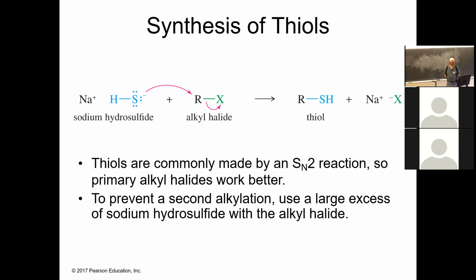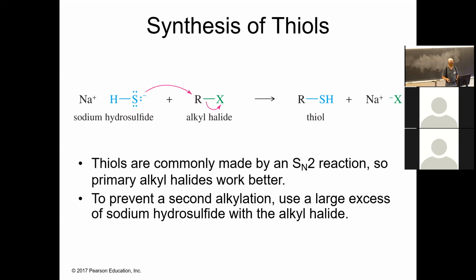Thiols can be synthesized from alkyl halides using sodium hydrosulfide. This is an SN2 reaction. If we do this in basic solution, this thiol can get deprotonated, and we have RS minus, which could then attack an alkyl halide.